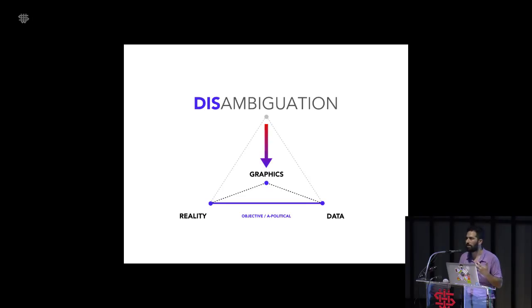I don't think that's the role of the visual. I think ambiguity is very important within visual culture, and there's a certain problem when we're presenting visuals as if they are disambiguated. In a way, if we need to do something, it is to get graphics back to where they belong, a kind of re-ambiguation.